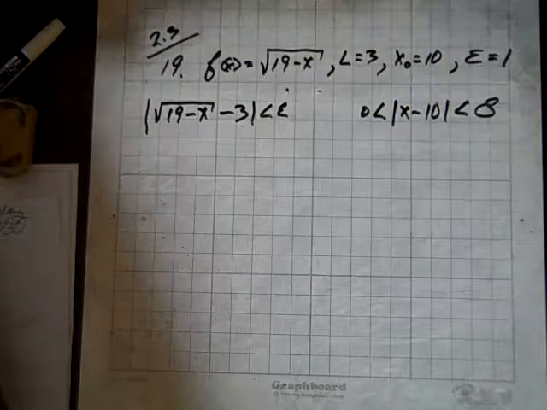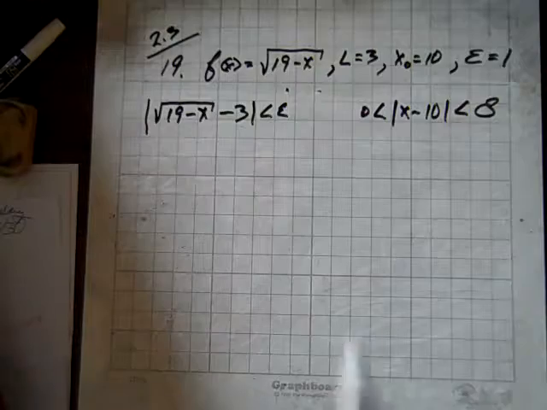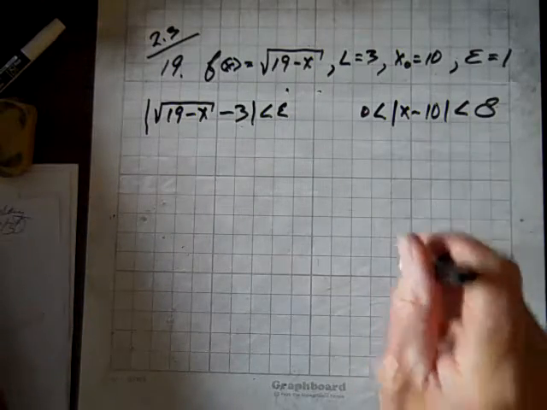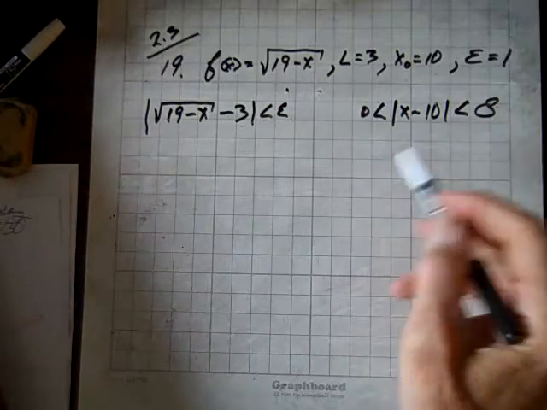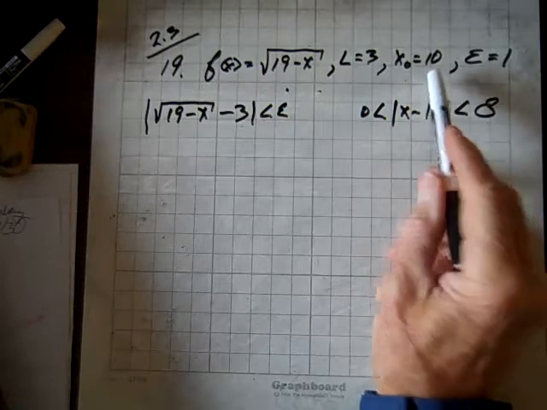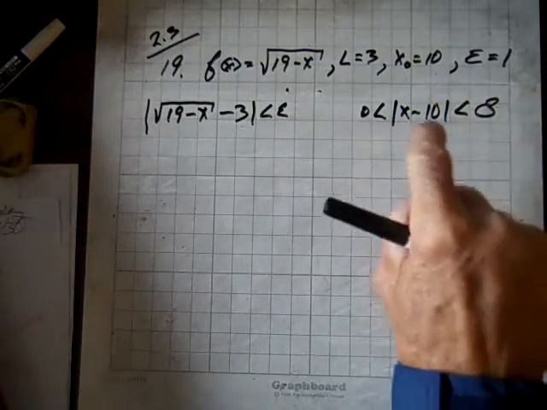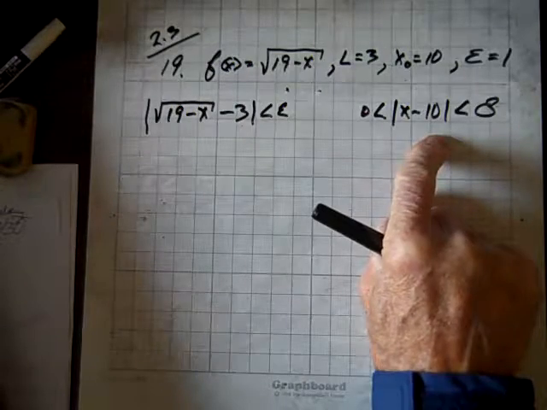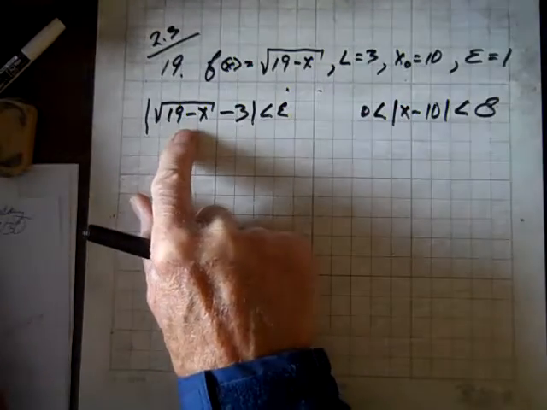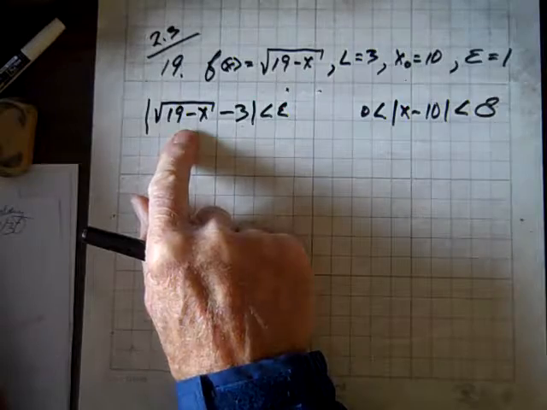Okay, we're doing question 19. And using the definition of a limit, in other words, we've got to find the open interval about x sub naught, which is 10, such that whenever this inequality is true, we're guaranteed this inequality is true.